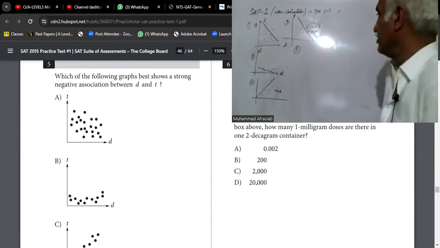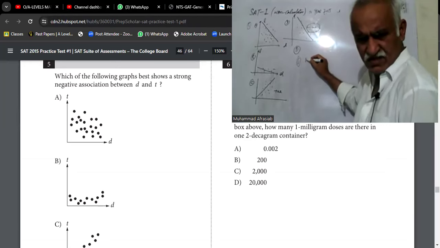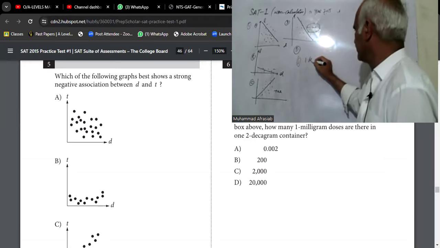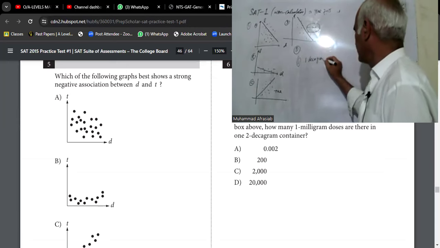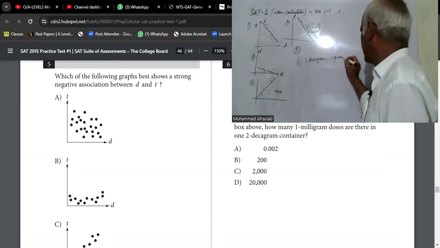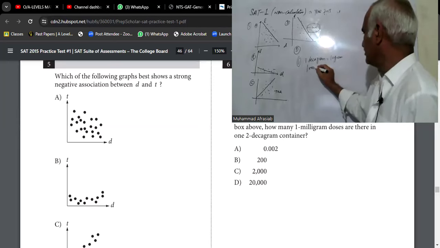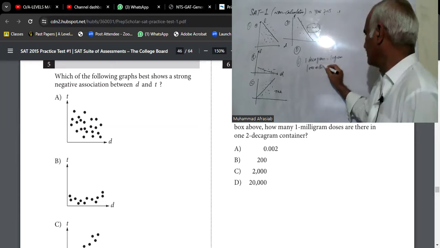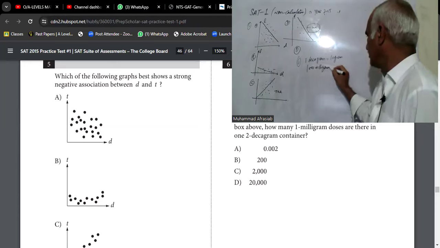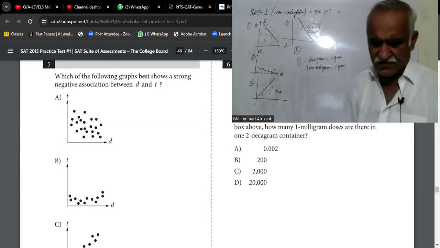Question number 6 now. 1 decagram is equal to 10 grams, and 1000 milligrams is equal to 1 gram.